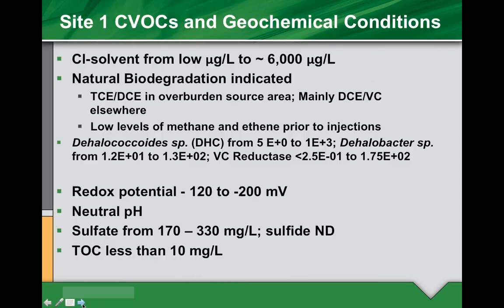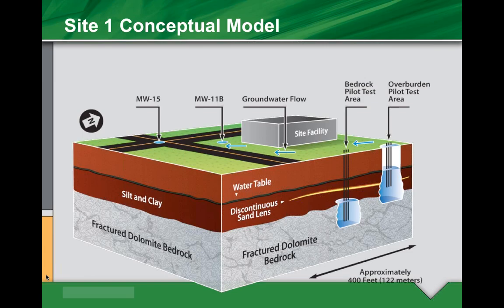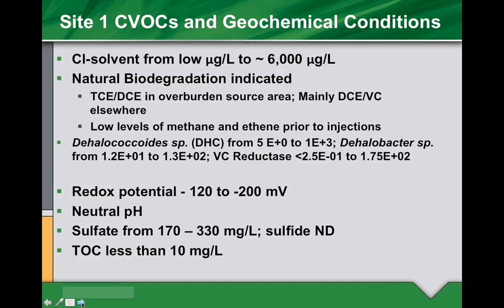If we go to slide 9, the next slide, I will start giving you some background information on this setting, both chemically, of Site 1. At Site 1, our chlorinated solvent concentrations range from fairly low ppb numbers to about 6,000 parts per billion, or micrograms per liter.